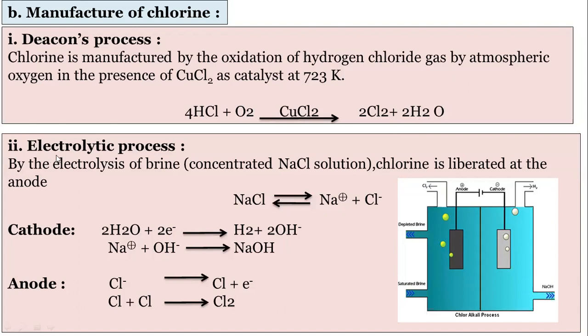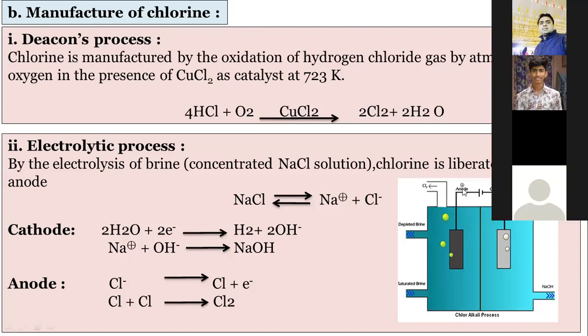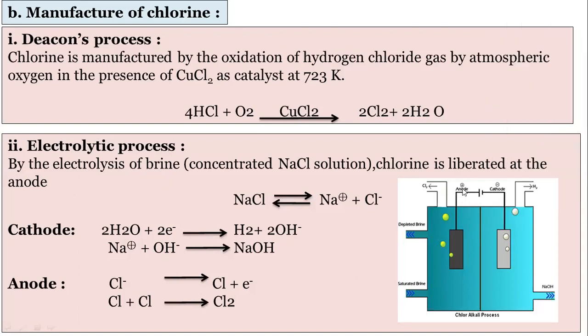And another method is the electrolysis process. When a brine solution, a concentrated solution of NaCl, undergoes electrolysis, two electrodes are dipped in it. In this diagram it is shown, one is the anode and one is the cathode. When the electric current is started, chlorine gas is liberated from the anode.